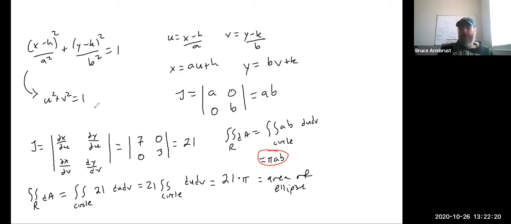So you could do a similar trick for any kind of shape, right? If you want to find the formula for the area of a rhombus, if you can figure out the transformation that turns it back into a square, then the Jacobian of that transformation is just going to be the multiplier on the area of your square. Or insert favorite thing here.